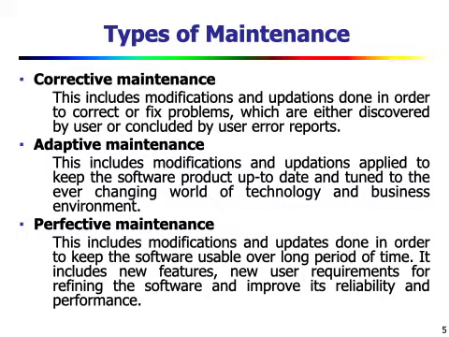Third type of maintenance is perfective maintenance. This includes modifications and updations done in order to keep the software usable over a long period of time. It includes new features and new user requirements for refining the software and improving its reliability and performance.